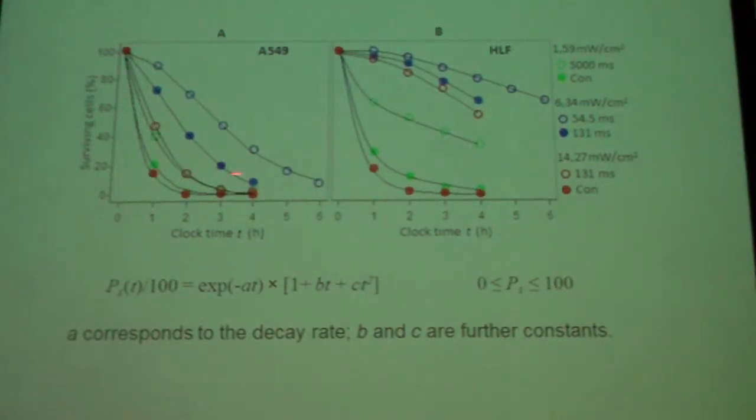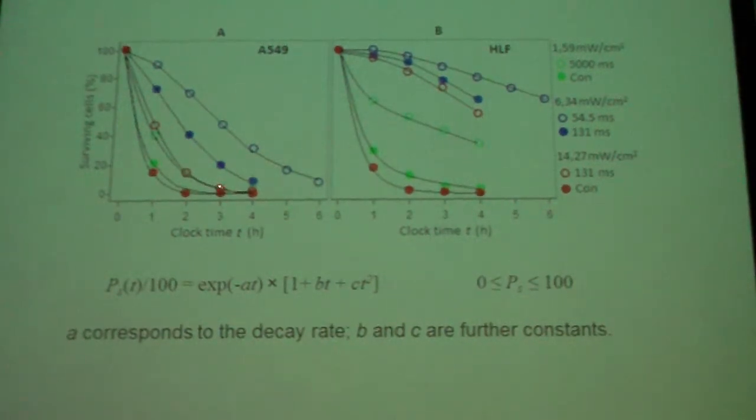With a comparison of these two images, you can find that after 3 hours imaging, using the light intensity of 14.27 and pulse length of 131 milliseconds, we have about 0% cell survival among the cancer cells, which means that 100% of cells are dead.